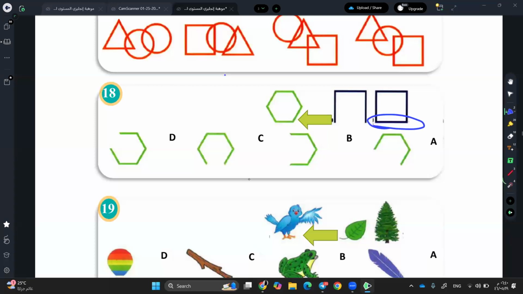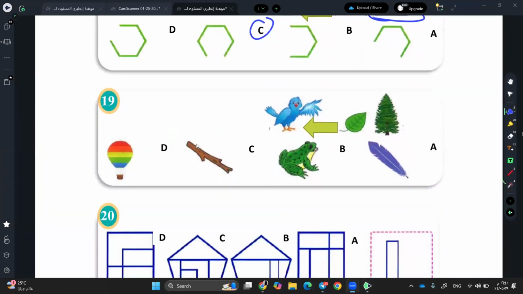So this hexagon. C, C. C, excellent. C. Oh, sorry. Yes. Okay, excellent. Okay, question number 19. Yalla Joanne, question number 19.